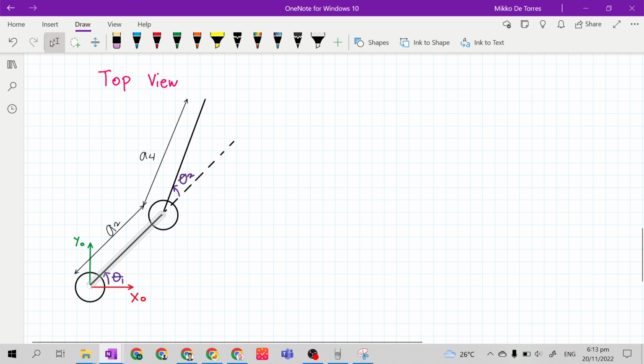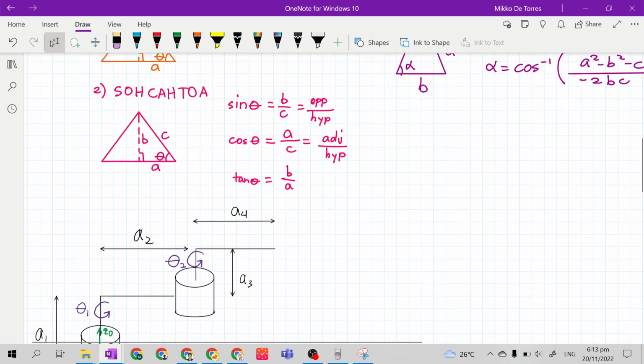Theta 1 looks like 45 degrees, as well as theta 2, but this is not 45 degrees. This just looks like 45 degrees. I made it like that so that we can have a triangle.